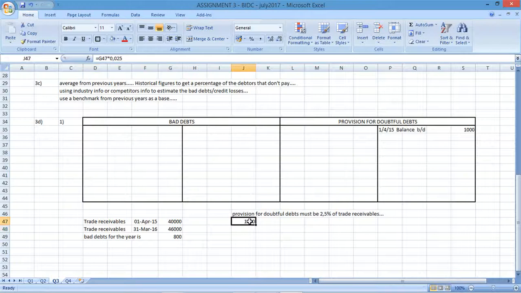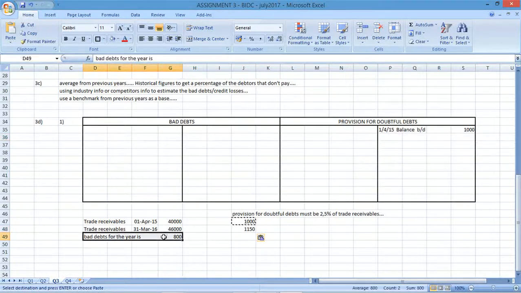So again, I'm going to take this amount and times it by 2.5%, and I'm going to get 1,150. So looking at that, we can see that this provision needs to go up. How do I make the provision bigger? I need to process the actual credit, and then I'll debit the bad debts.